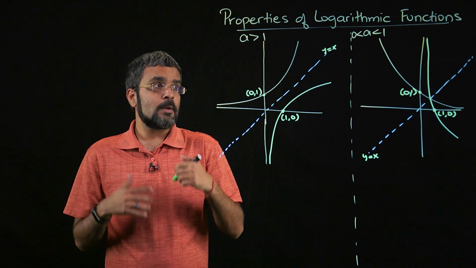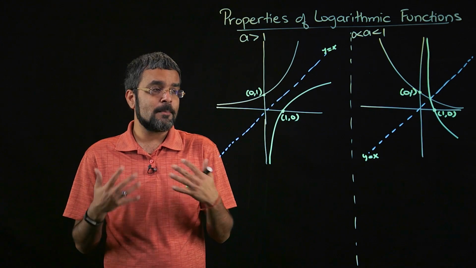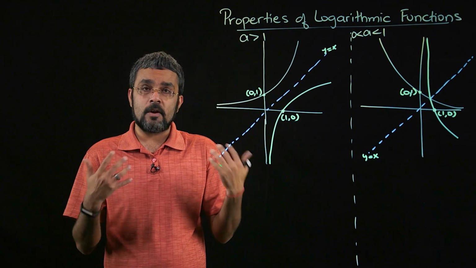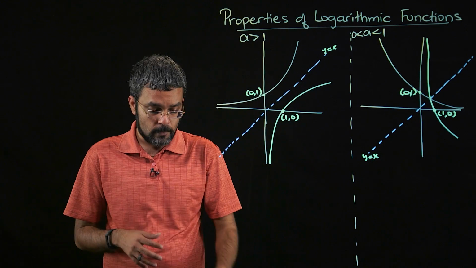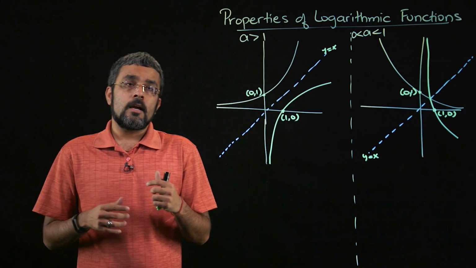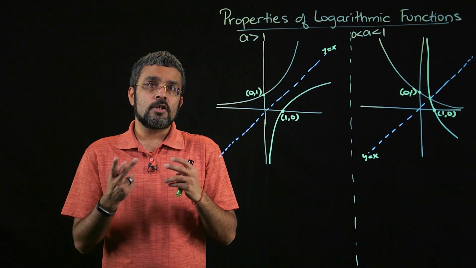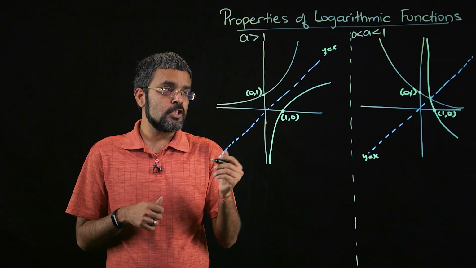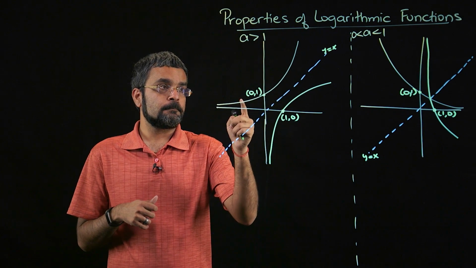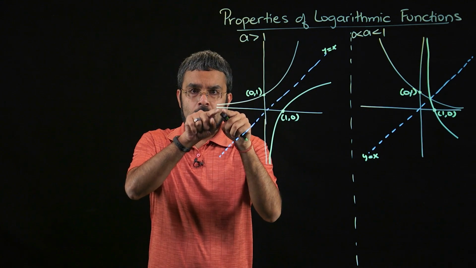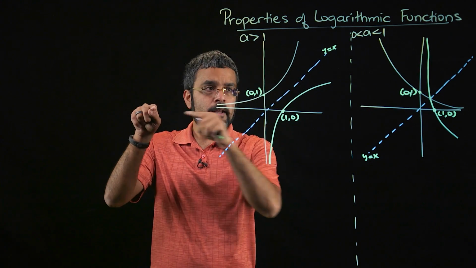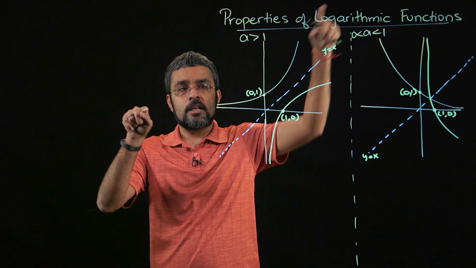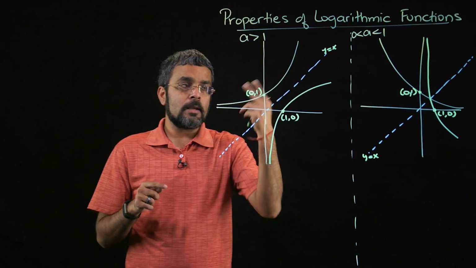Then, just like we talked about in exponential functions, what happens to the domain of the log function? What is the range of the log function? Think about it: for a function and its inverse, the domain and the range get switched. For the exponential function, our domain went from negative infinity to positive infinity, so that becomes the range.